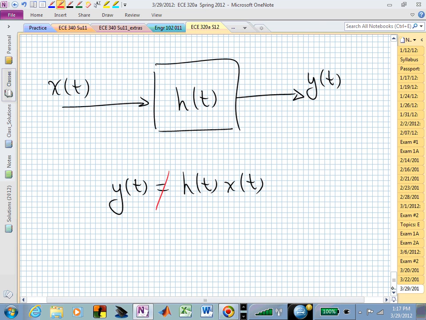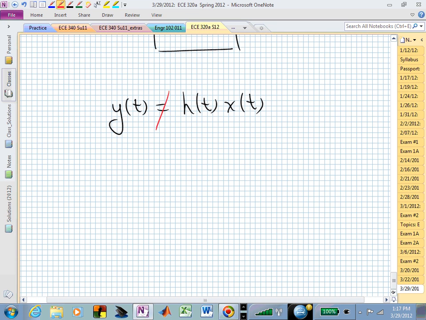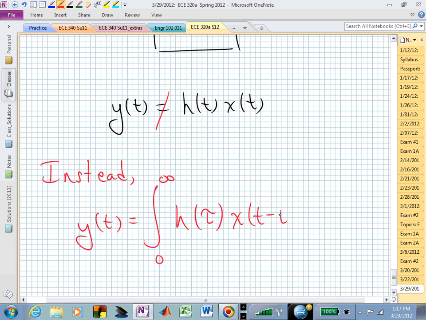But if you want to work in the time domain, then you replace this incorrect expression with y of t is equal to the integral from 0 to infinity, and a lot of times we use some variable that's not alpha or gamma, something that looks more time related, h of tau, x of t minus tau, d tau.